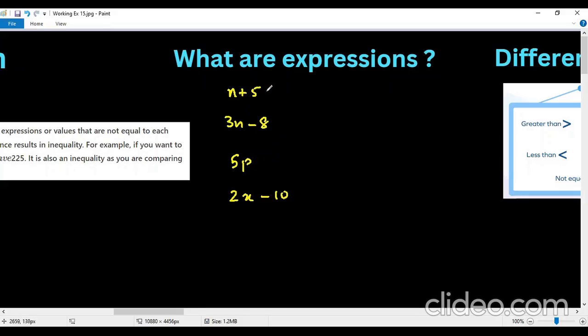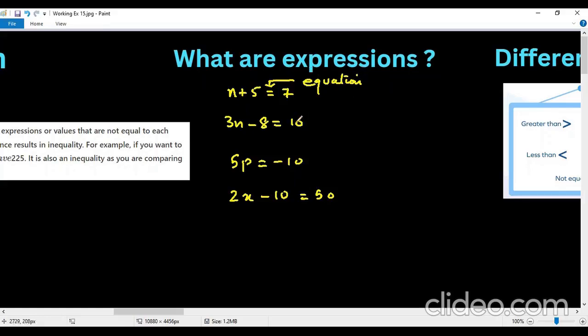Put in an equal sign. For example, I write 7 here and minus 10 here. I can write any number over here, 50 or any number that comes to my mind, and I'll find out the value of x. In equations, you have only the equal sign. Whenever you have only an equal sign, this is called an equation. So this is the definition of equations.